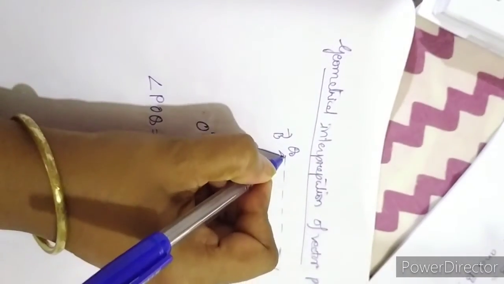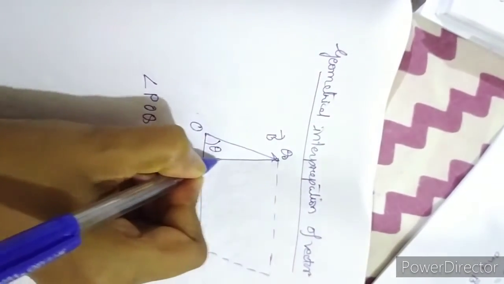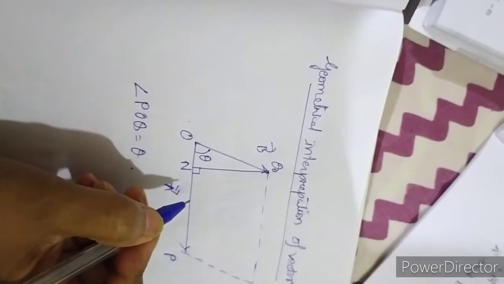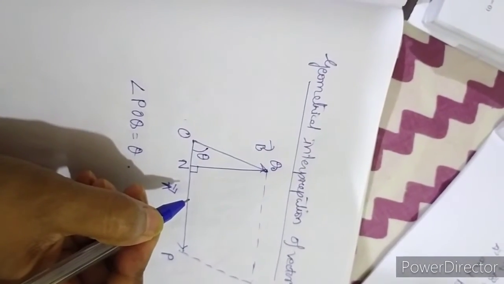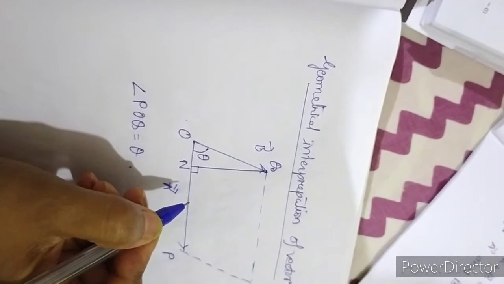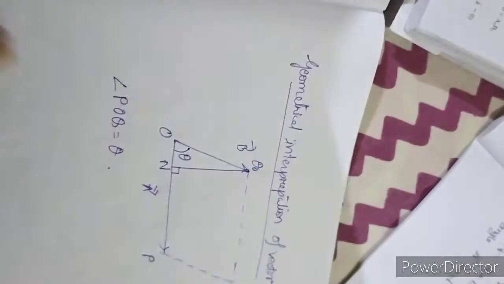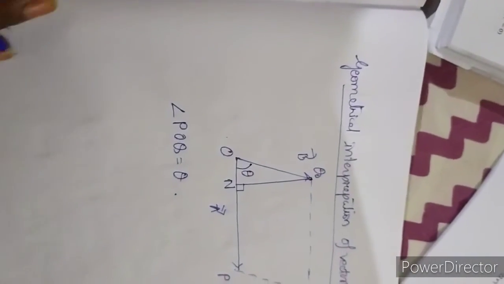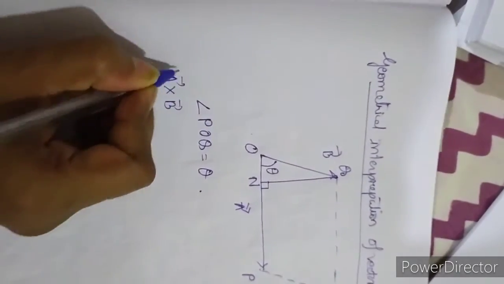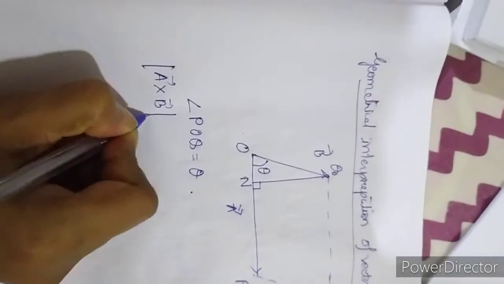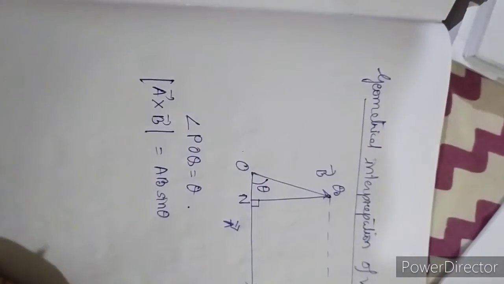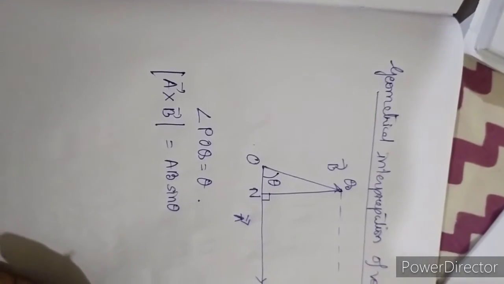From the point Q, let us drop a perpendicular. So this is a perpendicular, let us write it as N. Then we will find the magnitude of the product of the vectors A and B, that is, the magnitude of A cross B, which I already said a few minutes back is equal to AB sine theta.